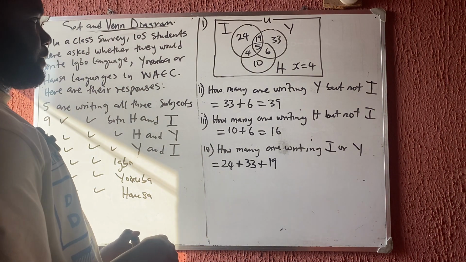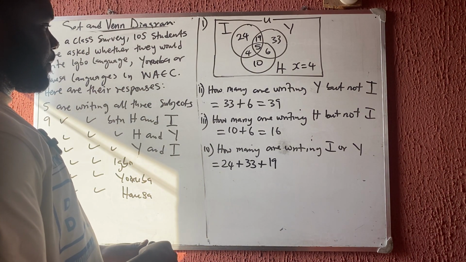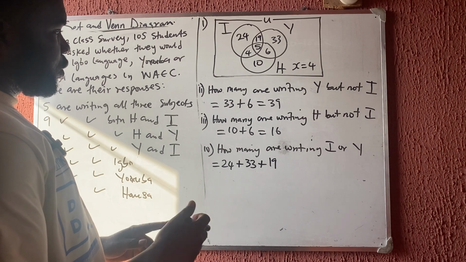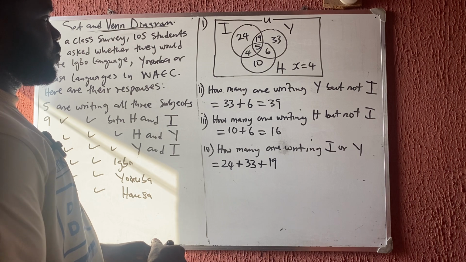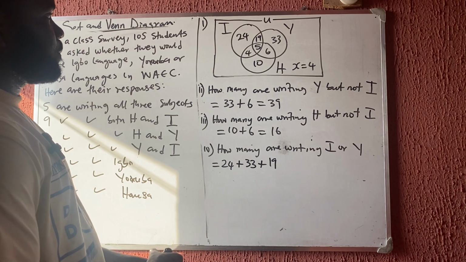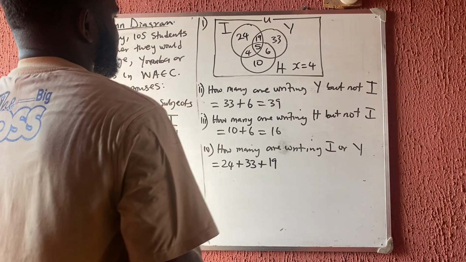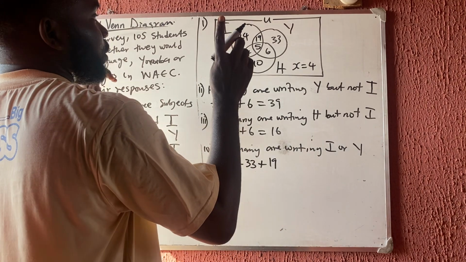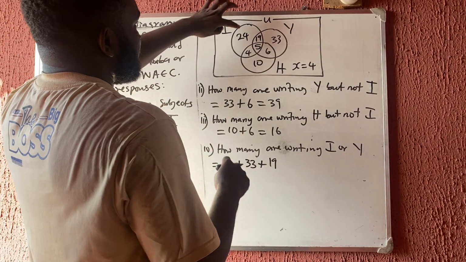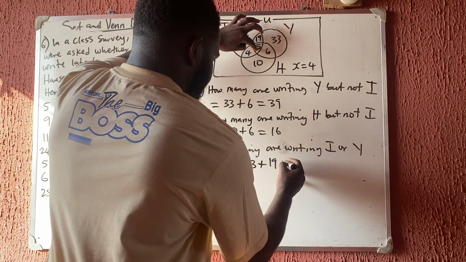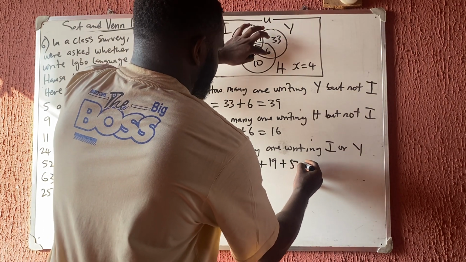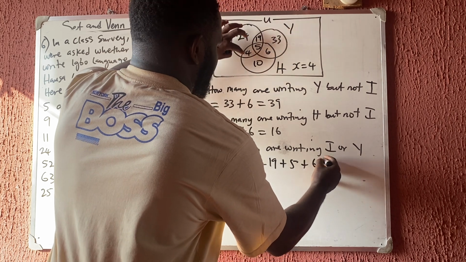Igbo or Yoruba? Okay, let us check. Anybody that writes Igbo or Yoruba is what we are taking. 24, 33, 19, 5, 6, and 4.